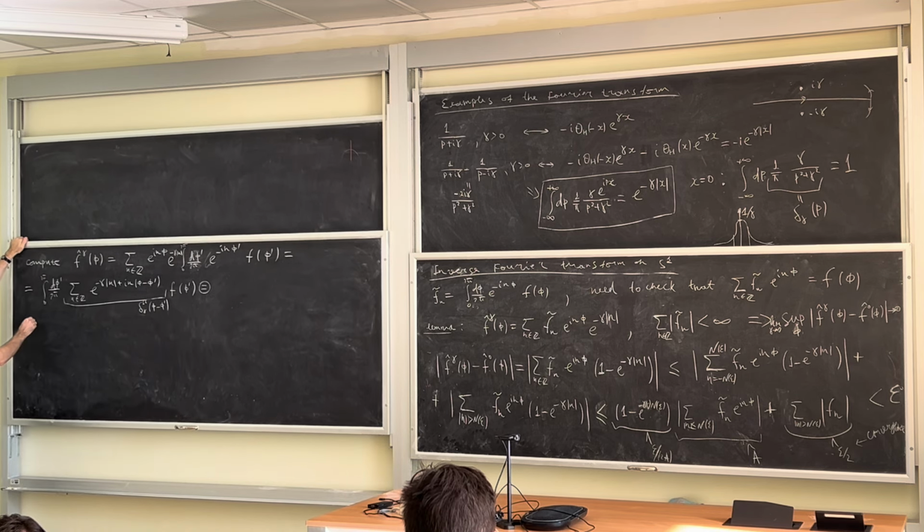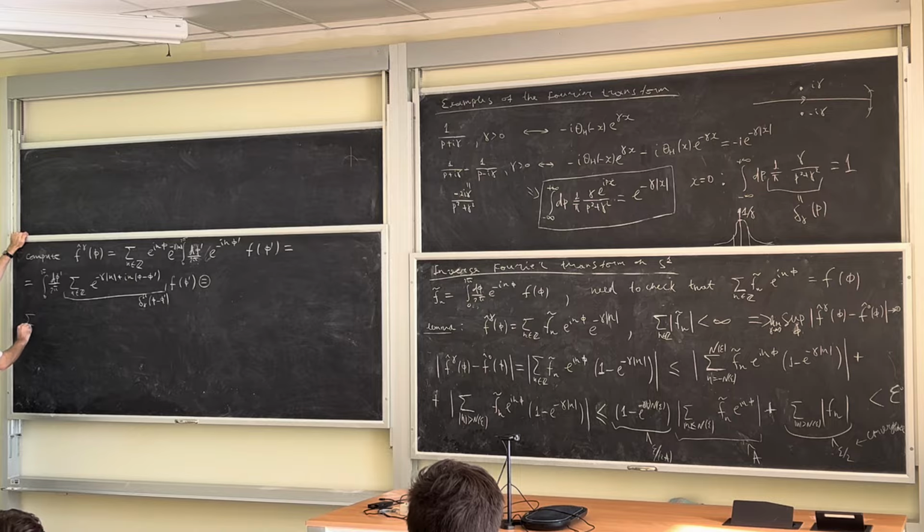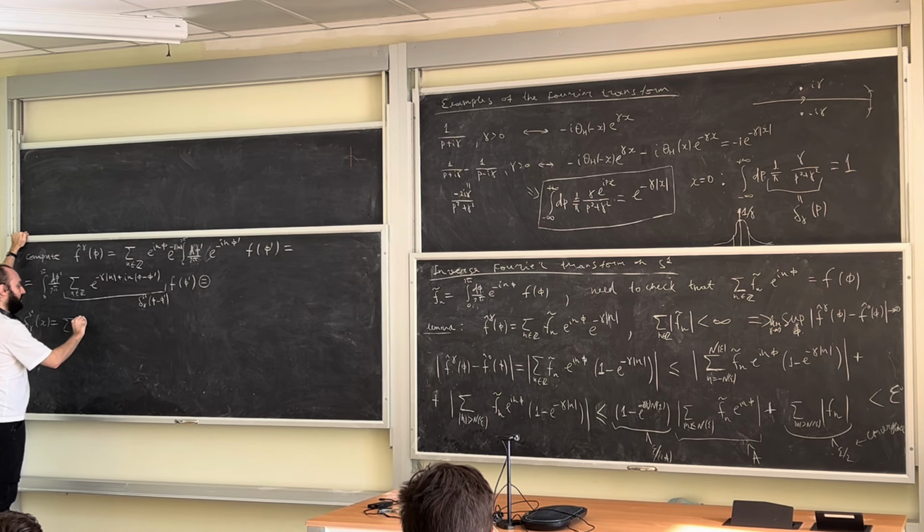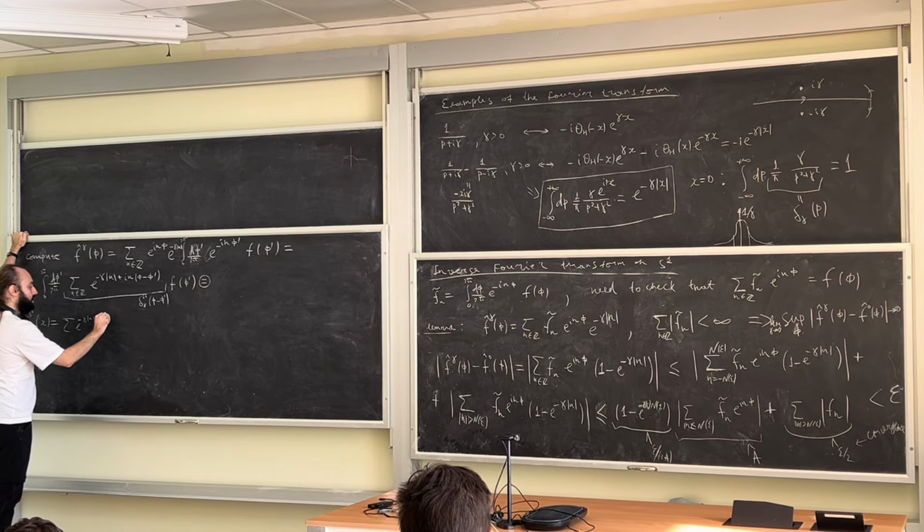So this delta S1 gamma of x is the sum over n of e to the minus gamma absolute value of n plus i n x.